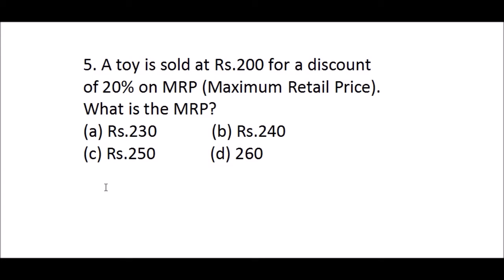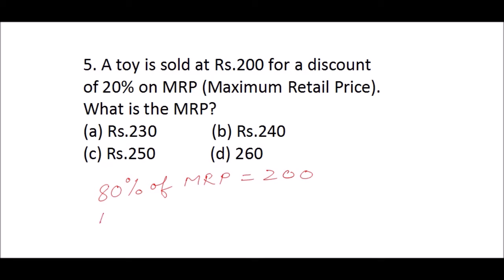Next question is, a toy is sold at rupees 200 for a discount of 20% on maximum retail price. So what will be the maximum retail price? Now in this you see the toy has been sold at a 20% discount. That means it has been sold at 80% of the MRP. Therefore you write 80% of MRP is equal to rupees 200.